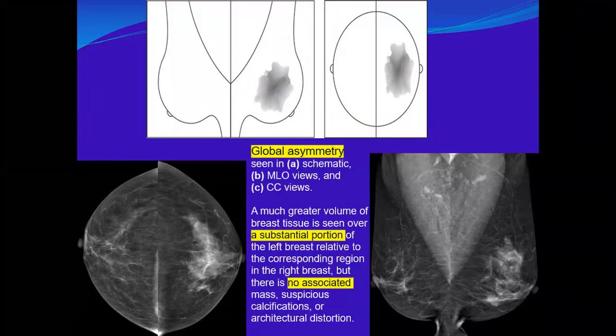These are illustrations representing a global asymmetry when it occupies a substantial portion of the breast, a large volume. We call it a global asymmetry when it is at least a quadrant.